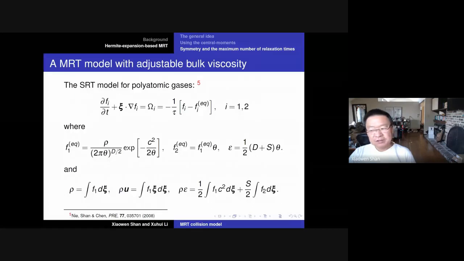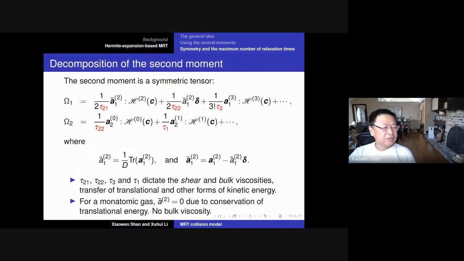In this one, the translational kinetic energy is not conserved, so your pressure tensor does have a trace. And now we can decompose the collision term into the irreducible components. These are the final result. In this model, you have 4 relaxation times from the leading term.